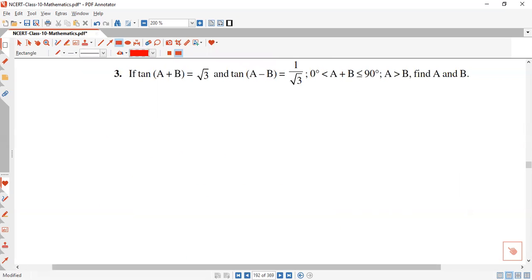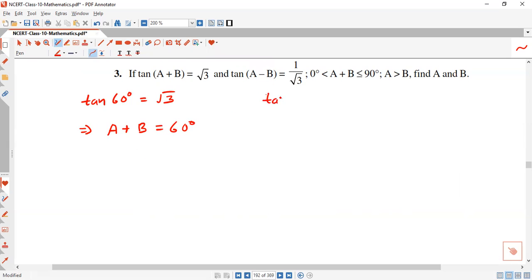Say tan A plus B equals root 3. We know tan 60 degree equals root 3. This implies that A plus B equals 60 degree. Also, you know this one. Tan A minus B equals 1 upon root 3.